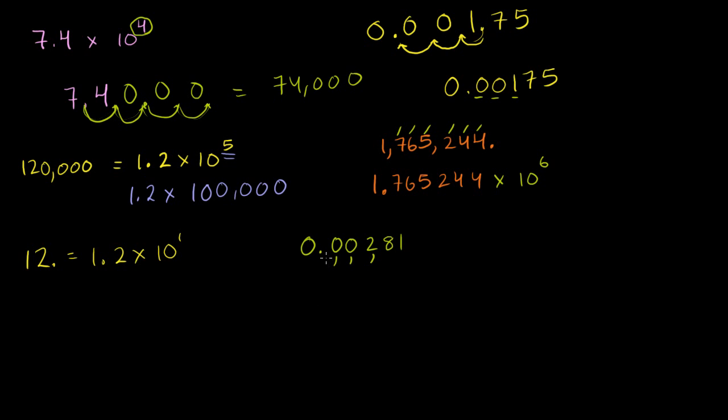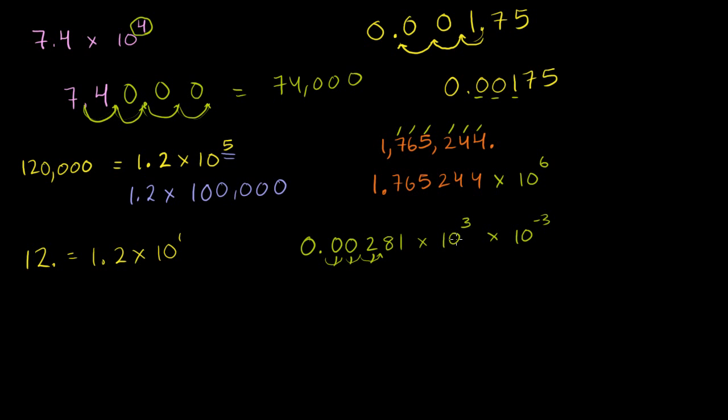So what we want to do is we move the decimal 1, 2, 3 spaces. One way you could think about it is, to move the decimal to the right 3 spaces, you would multiply it by 10 to the third. But if you're multiplying something by 10 to the third, you're changing its value. So you also have to multiply by 10 to the negative 3. Only this way will you not change the value, right?